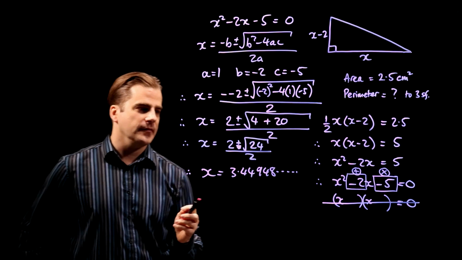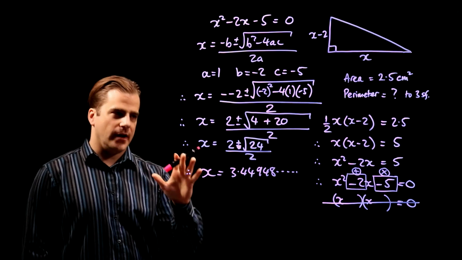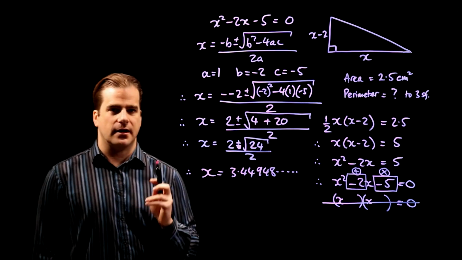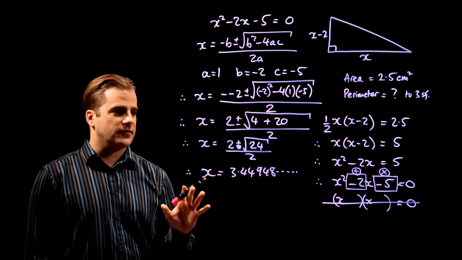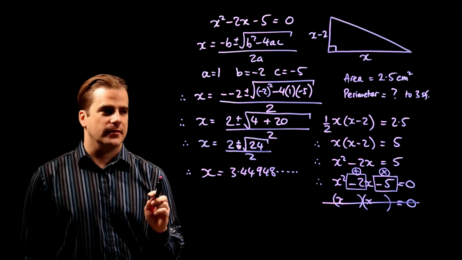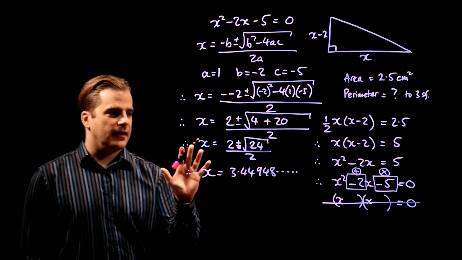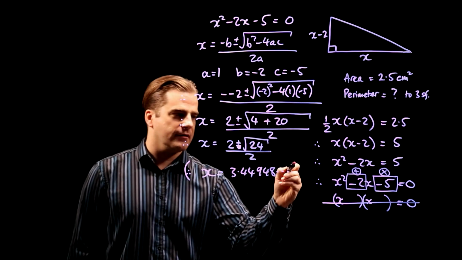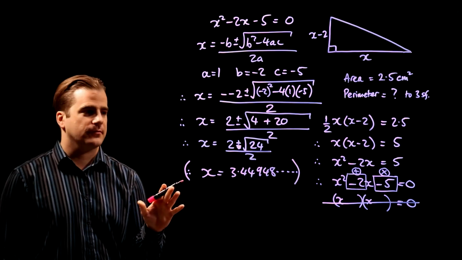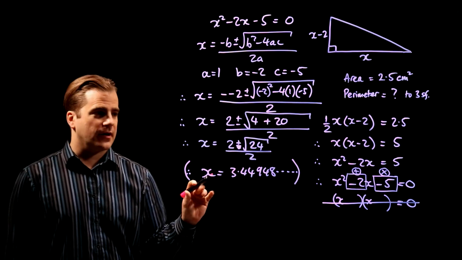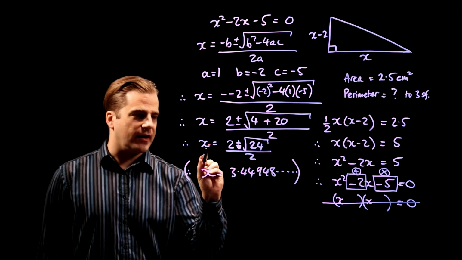Okay? You can do that and get that in your calculator's memory and work with that for the rest of the question. However, the best way to do this question is not to do that at this stage. We've still got a lot more work to do, okay? And we want an exact value of x.